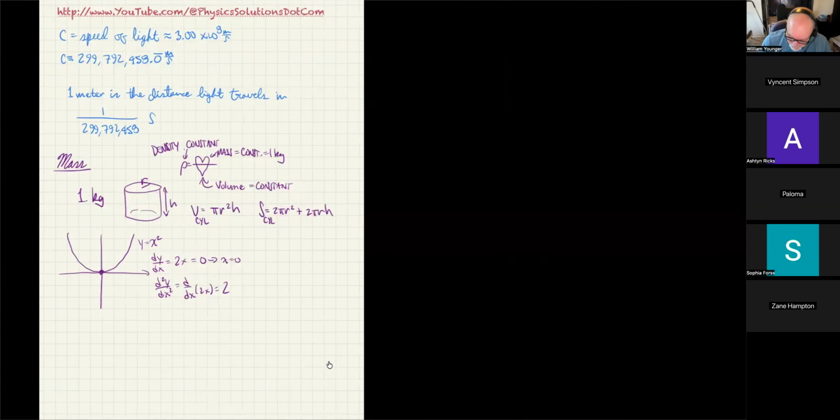So I should start off by letting you know that for a quantity m, for instance, which would be mass, the dimension for mass is capital M, and the unit for mass is the kilogram.